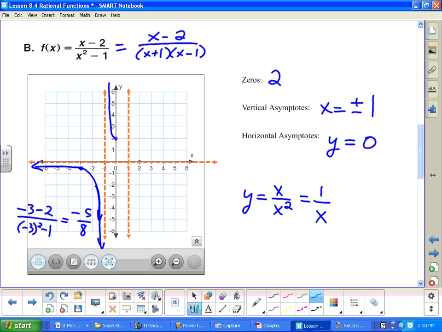Now, can the graph keep going down? I can't cross the vertical asymptote. And if my graph keeps going down, it's got to go through the x-axis, doesn't it? Well, if it goes through the x-axis, that means there's a 0 there. Is there a 0 there? No, there's not. So it can't go through the x-axis. It's got to turn around and go back the other direction.